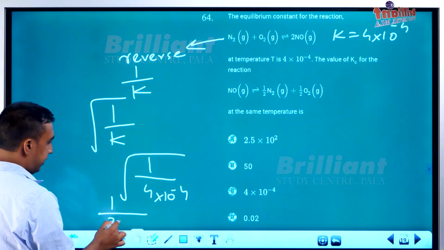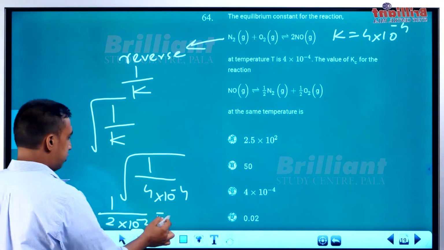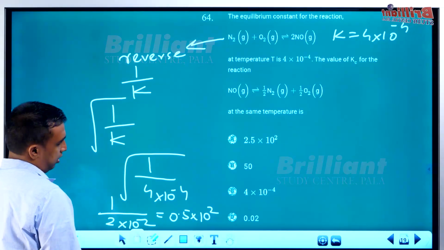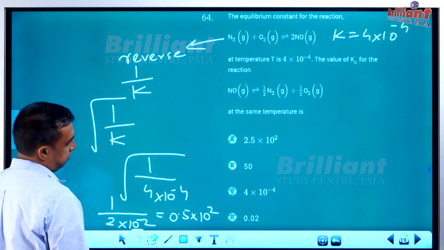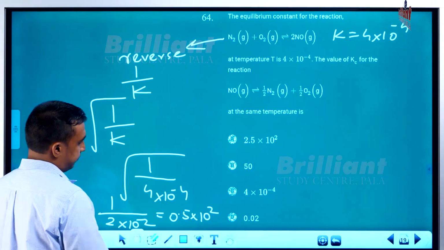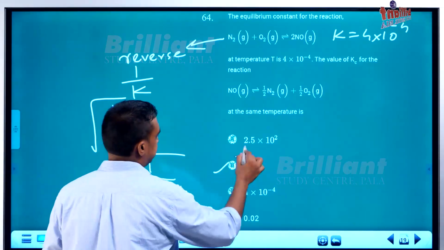This will become 1 by 2 into 10 power minus 2, so 0.5 into 10 square, which means it will come to 50. Question number 64, answer option B.